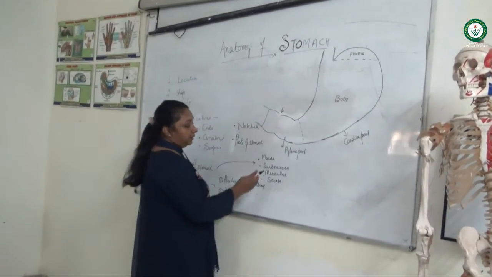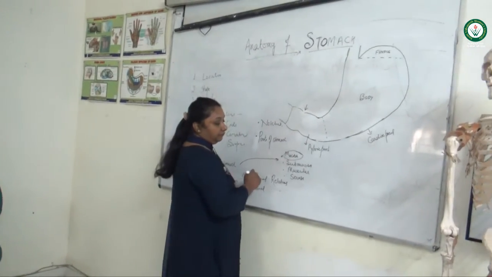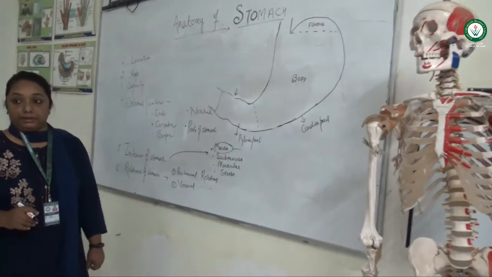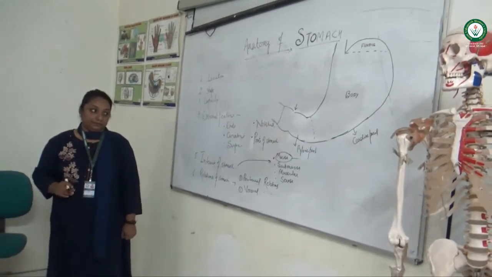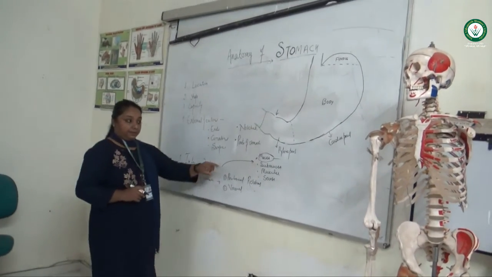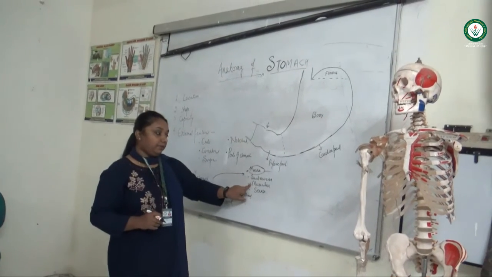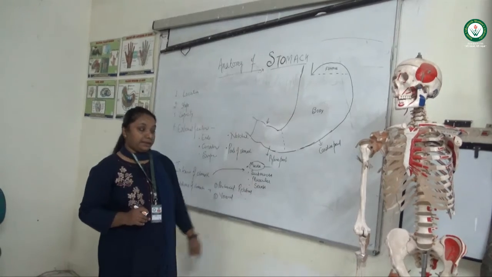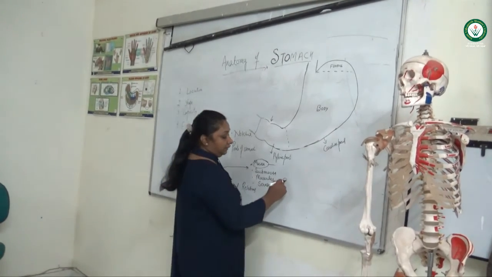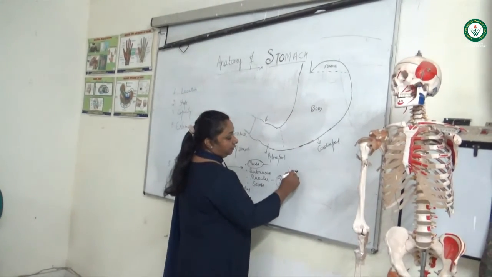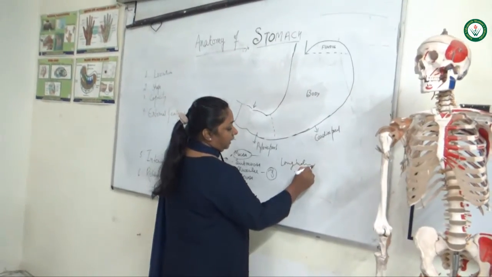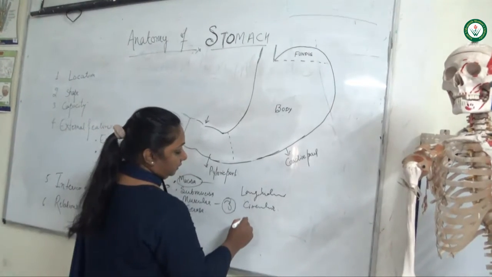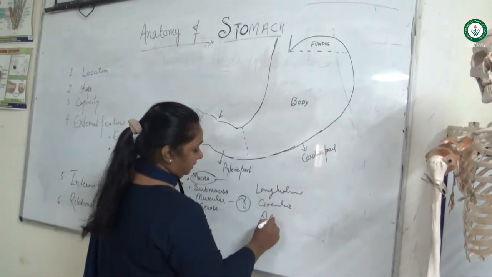The mucosa is composed of columnar epithelium. Next is the submucosa, which is connective tissue, and then the muscular wall. There are smooth muscles, and these fibers are arranged in 3 types: first longitudinal fibers, middle circular fibers, and third oblique fibers.